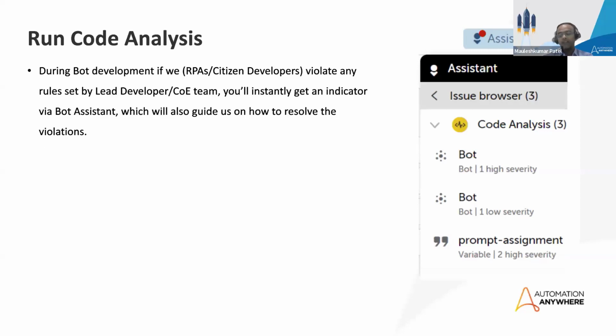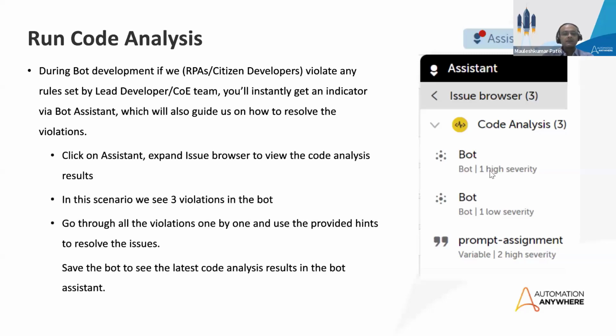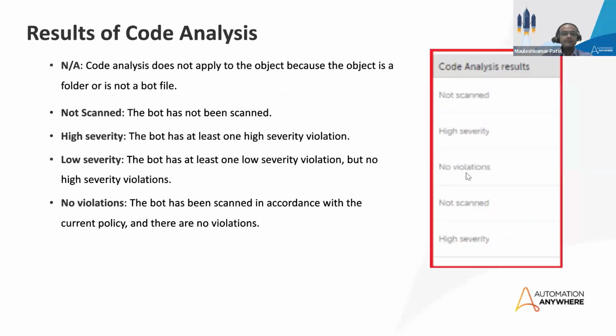More importantly, the most critical part is that you can apply code analysis to a new bot as well as an existing bot that you have built. It might be possible that an existing bot or complex automation you built has some violations, and you can see that information in the assistant window.